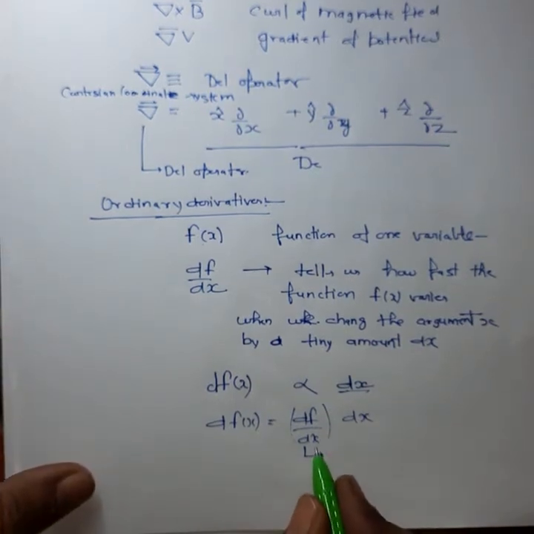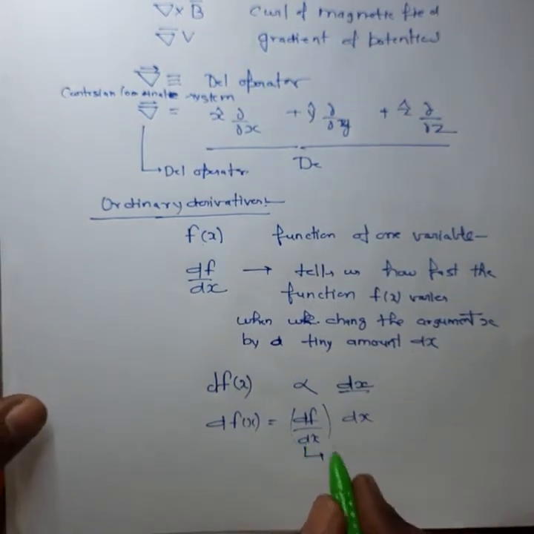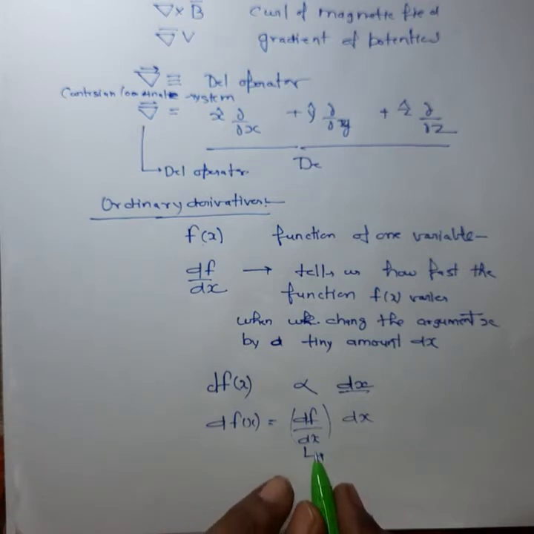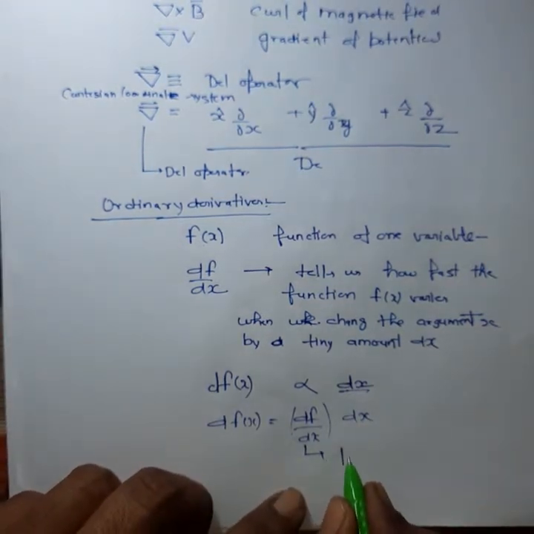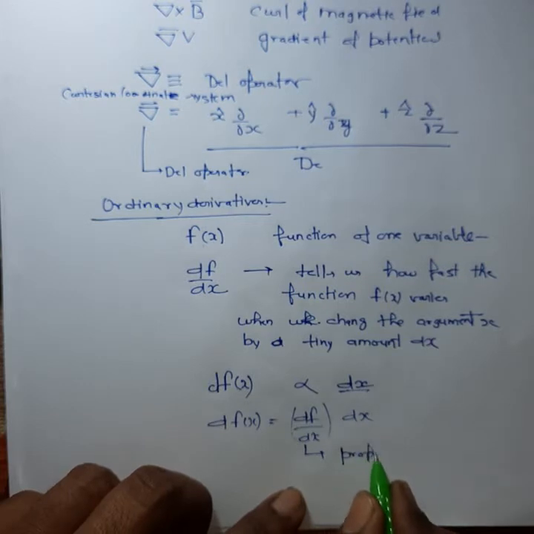It may vary from point to point, so we do not call it a constant, we call it the proportionality factor. So df by dx is basically a proportionality factor.